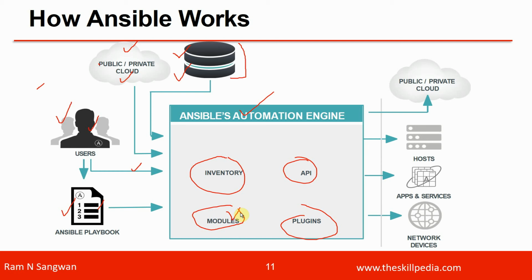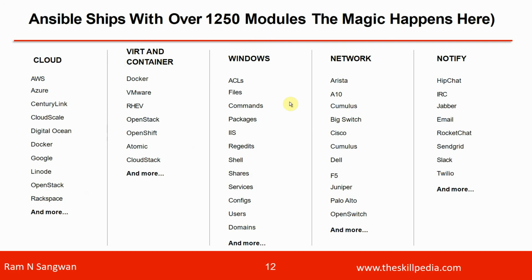Like I said, dynamic inventory is implemented using plugins. The application programming interface is the way to interact with the remote machines through SSH. So public cloud, private cloud, individual hosts, apps and services, or network services, all these things can be managed by Ansible. This is how Ansible works.